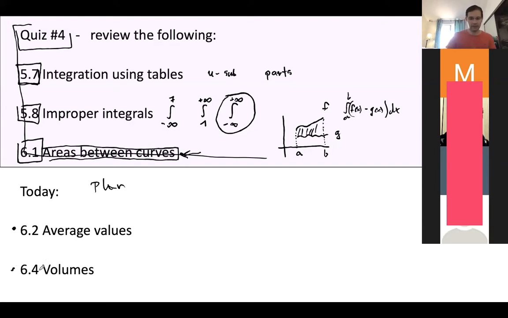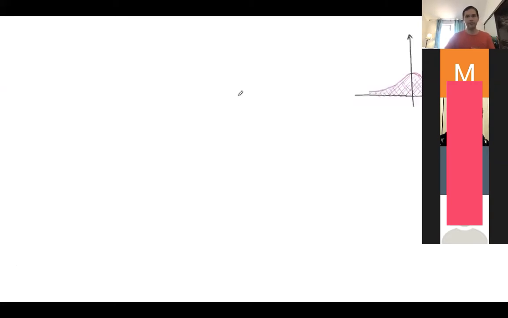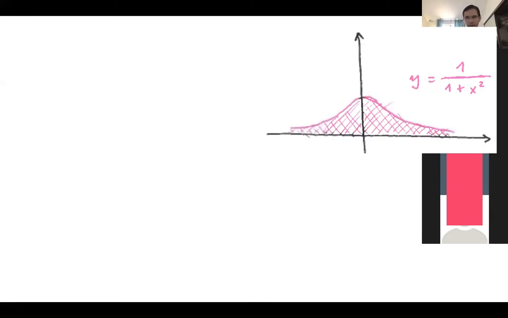Okay, so let me do one example of this kind of definite integral when it's from negative to positive infinity, very quickly. So here's this example. Let's say that we want to compute this area, which is enclosed by the function y equals 1 divided by this polynomial. It's a rational function.